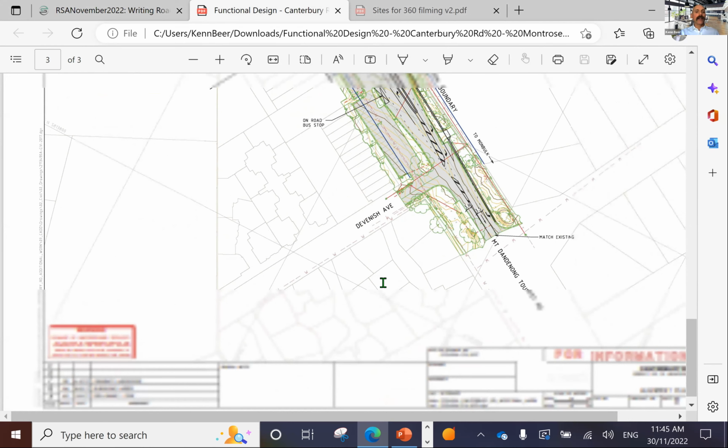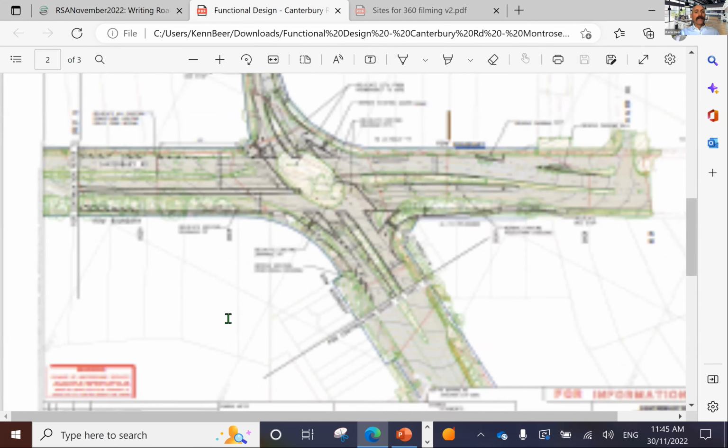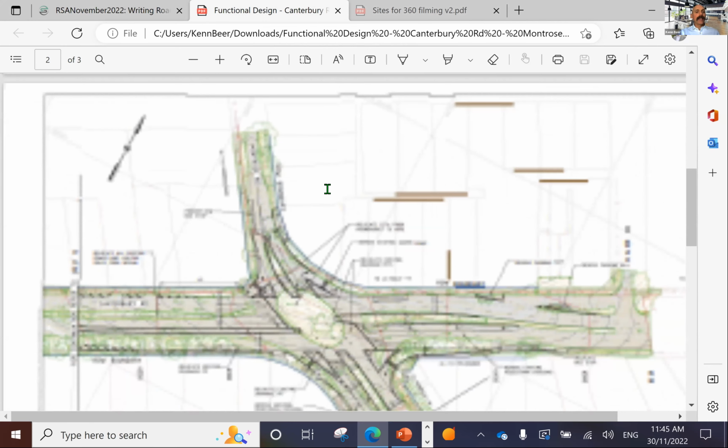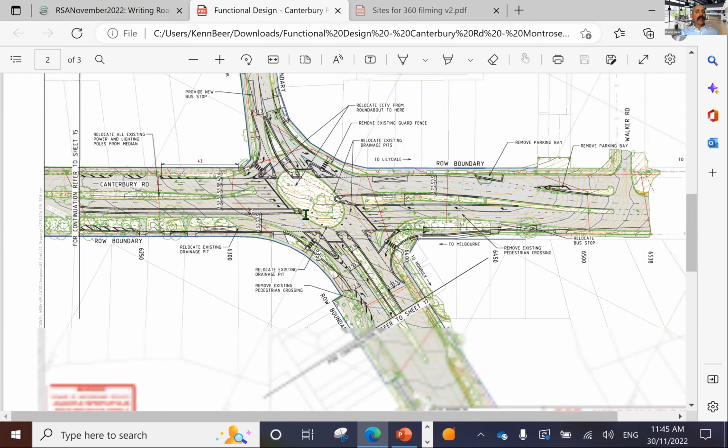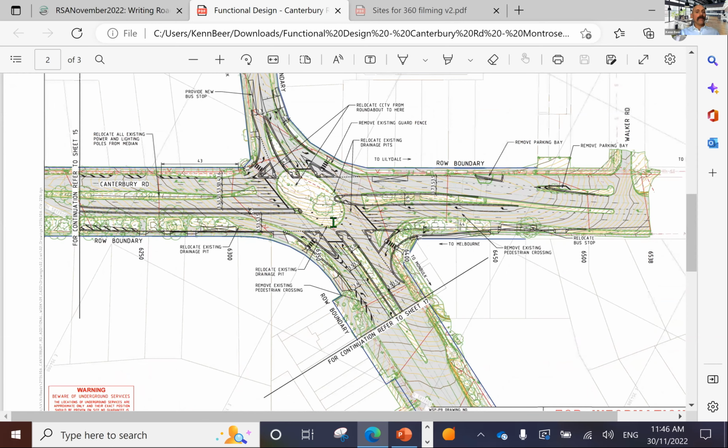The PDF is of a design. The design is taking an existing oval-shaped roundabout, and they plan to turn this into a signalized intersection. The black lines are what they're planning to build. That's what will be built in the future. The green lines are what's currently there, what exists at the moment.